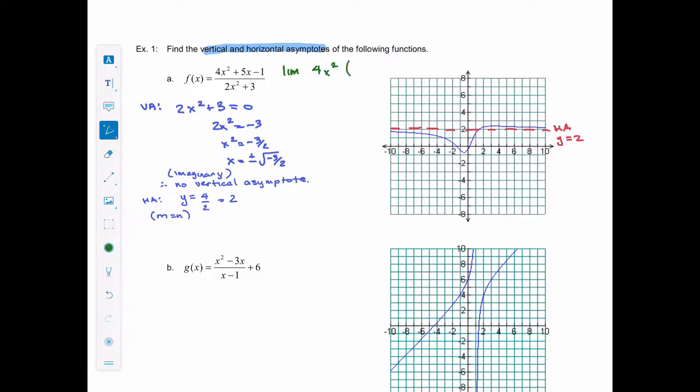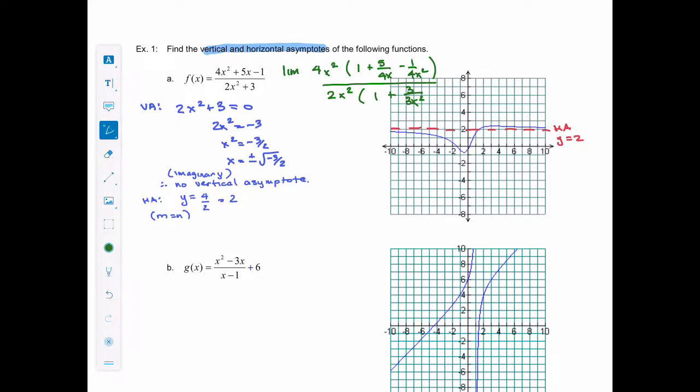What I'm left with is 1 plus 5x over 4x squared, so I'm going to just put 5 over 4x because the x on the numerator cancels out, minus 1 over 4x squared. And on my denominator I do the exact same thing, factoring out my 2x squared, and what I'm left with is 1 plus 3 over 2x squared.